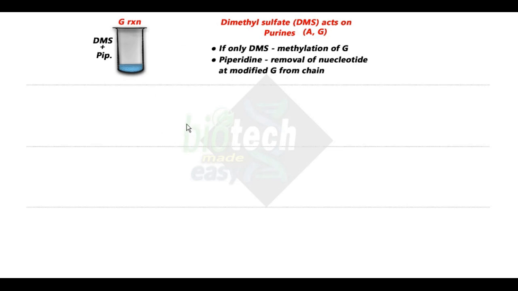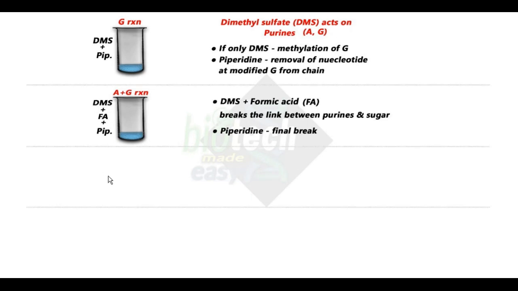Now you see what happens in the second tube. In the second tube we have added DMS. Along with that we have also added formic acid, and then there is piperidine. Now we are calling this the A plus G reaction. So here what is happening? DMS we have added, we already know it acts upon the purine. Then we have added formic acid.